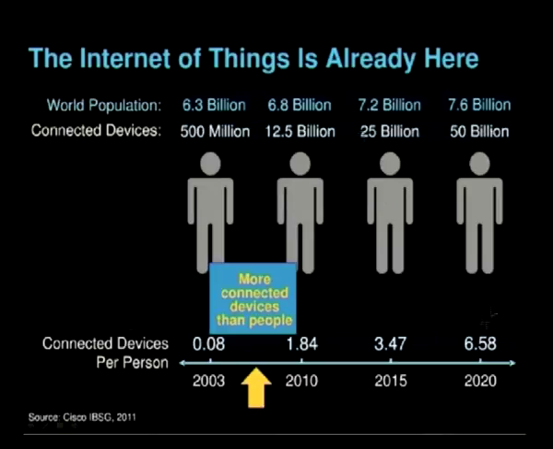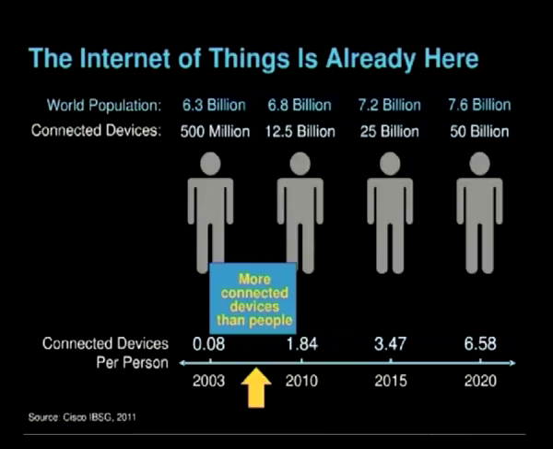The actual picture is depicting the connected devices per person. In the year 2020, you will be having 6.58 devices connected to individual person. The total population will be 7.6 billion, connected devices will be 50 billion.